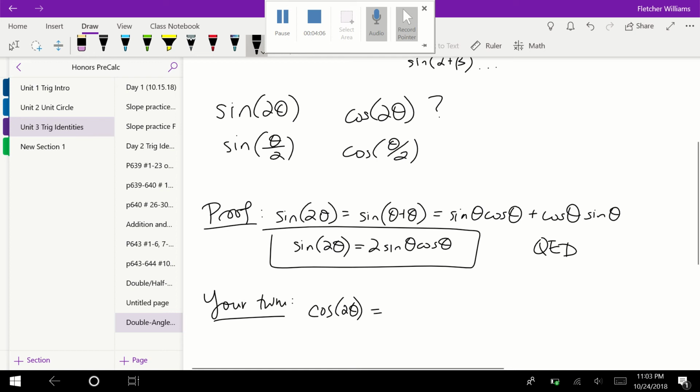So cosine 2 theta you can write as cosine of theta plus theta. So that'll be cosine theta cosine theta minus sine theta sine theta, where you can say that cosine of 2 theta equals cosine squared theta minus sine squared theta.